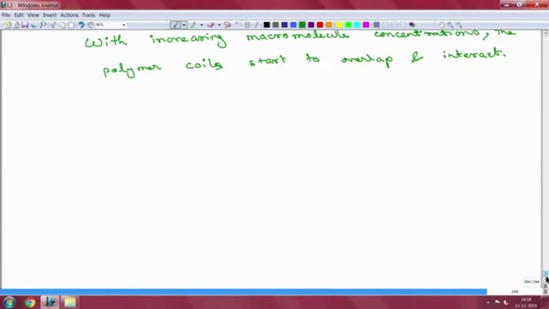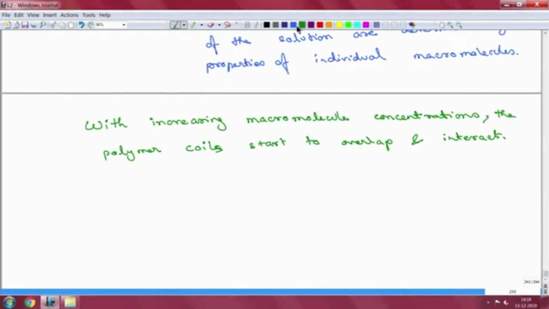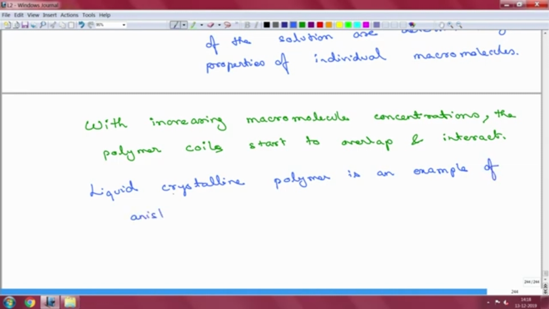In this particular case, obviously the polymer concentration is very, very high now, but a liquid crystalline polymer is an example of an anisotropic polymeric liquid.